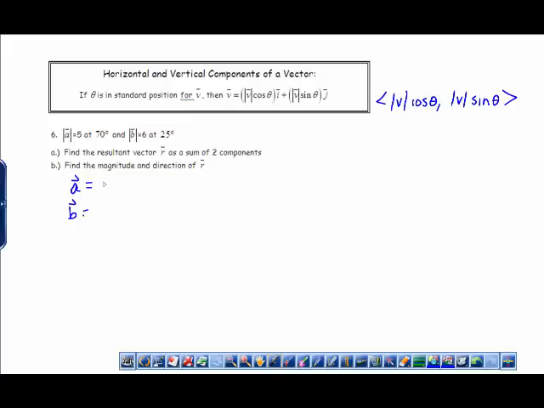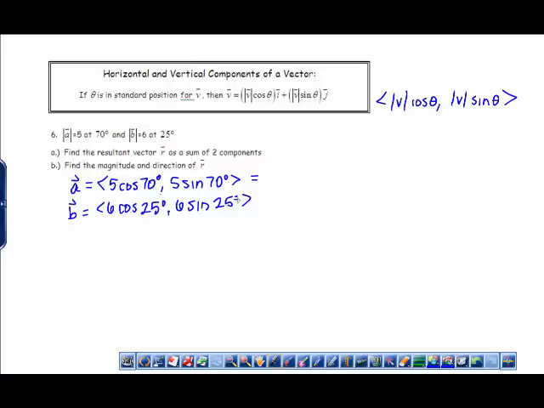So vector A, I know, is going to be 5 cosine of 70 degrees, and the vertical component would be 5 sine of 70 degrees. Likewise for B, we're going to have 6 cosine 25 degrees, and then 6 sine 25 degrees.